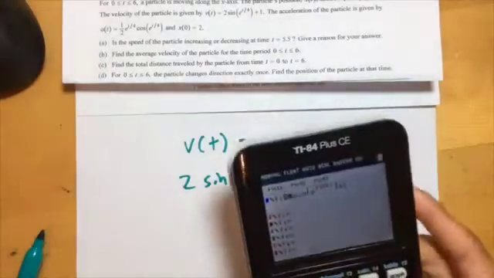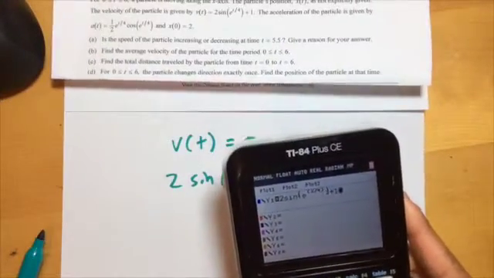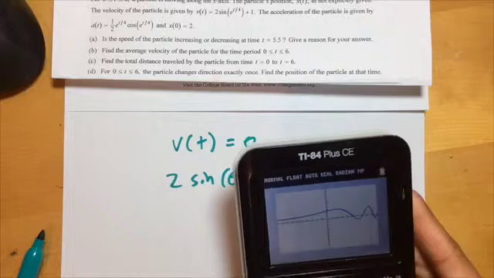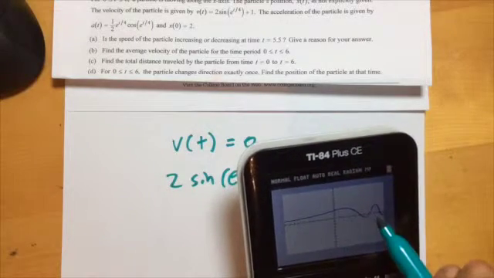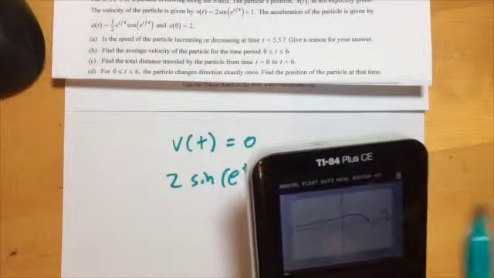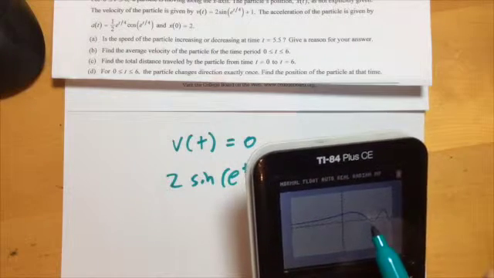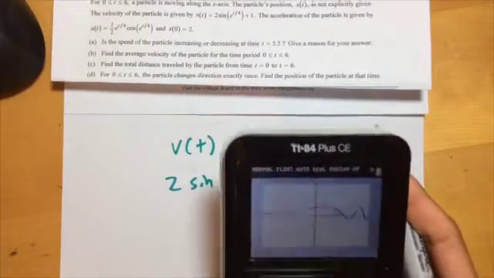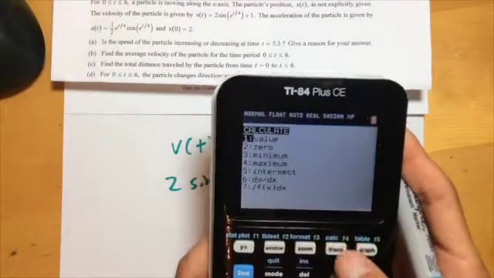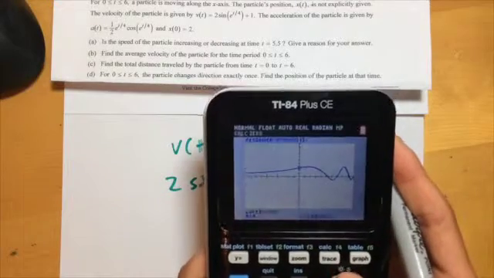So when you enter it into the graphing part of the calculator, it looks like this. And this is what the graph looks like. So as you can see, from 0 to around 6 over here, it only hits the zero once. And to find a 0, you do second, calc, and you type 2 for zero.